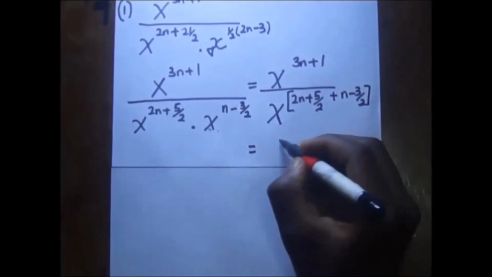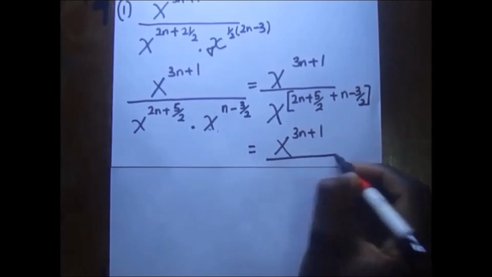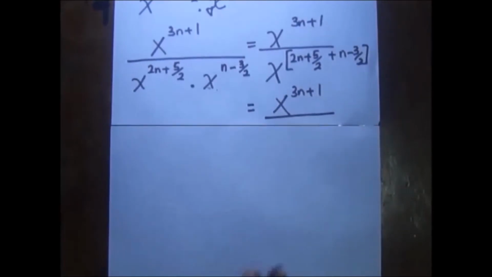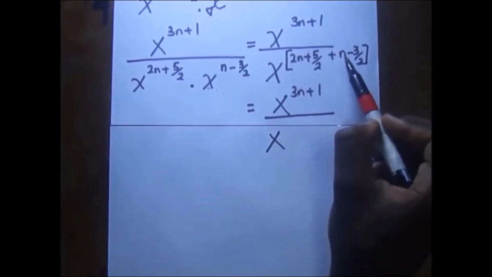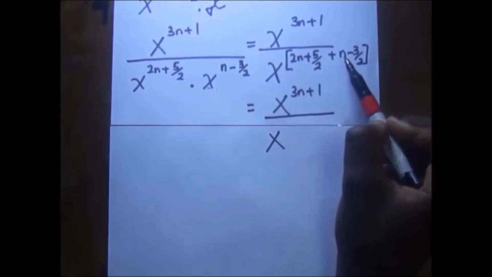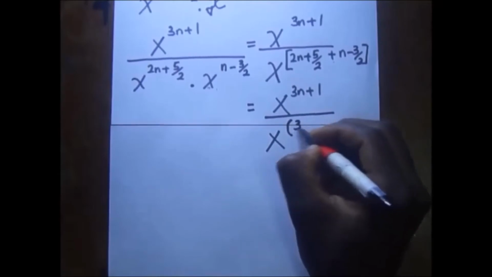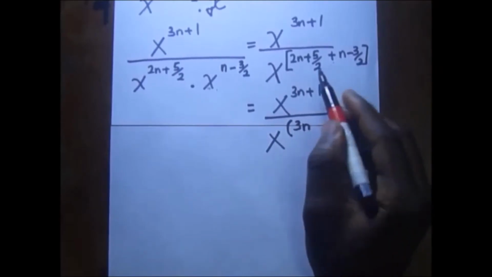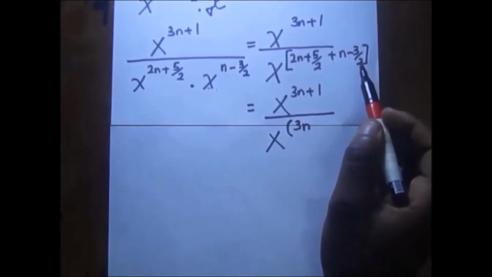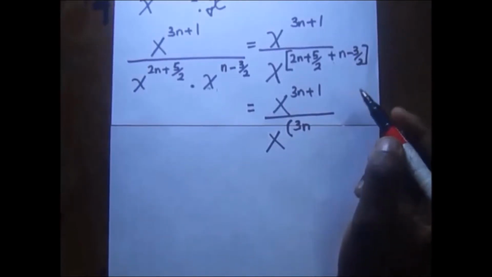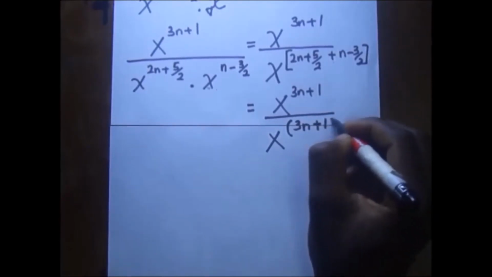When we come down here, it becomes x to the power 3n plus 1, divided by x to the power, now we have 2n plus n, which is 3n. Then we have 5 over 2 minus 3 over 2, which gives us 2 over 2, which is 1, so it's 3n plus 1.